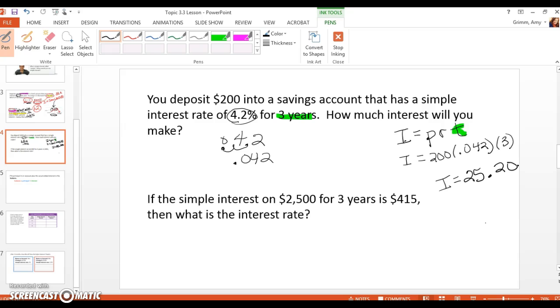And that would be the extra money that I would get from this. So if I wanted to know the total amount in my account, I could go ahead and say the 200, and I could add that to the 25.20.